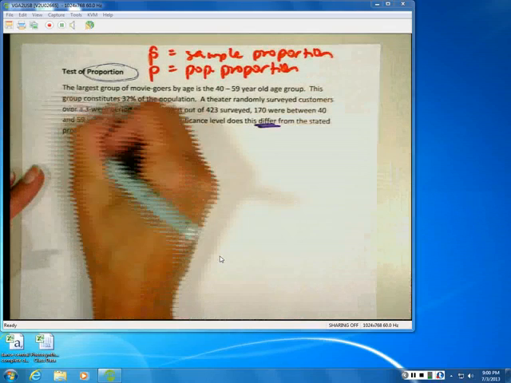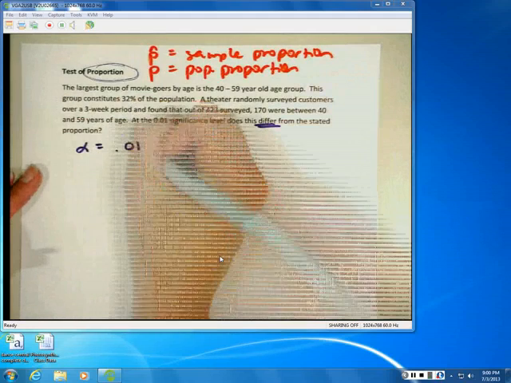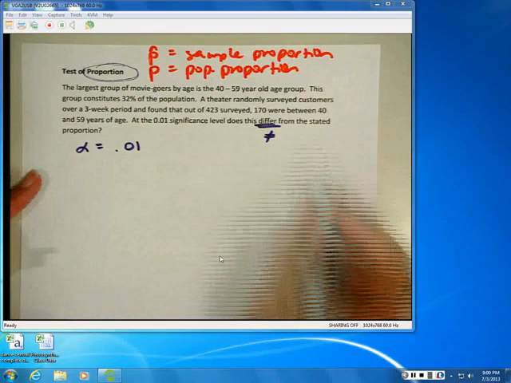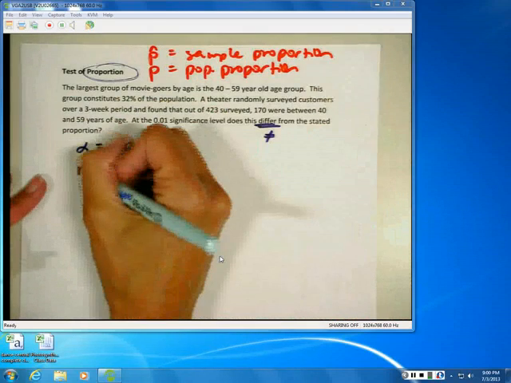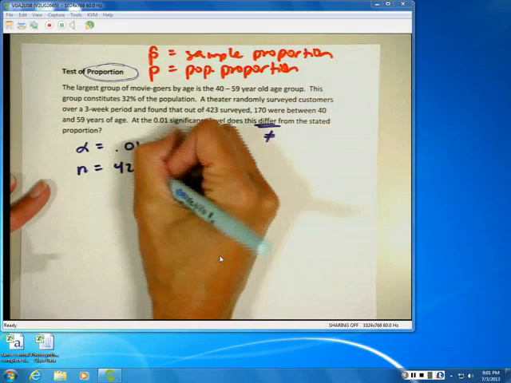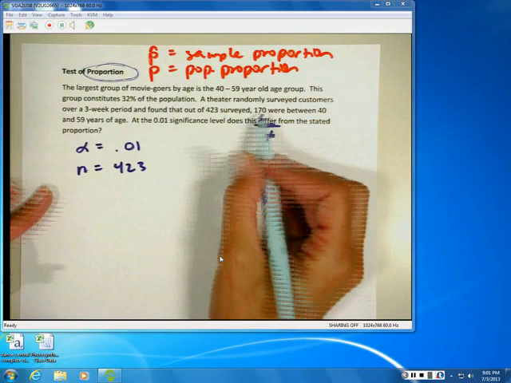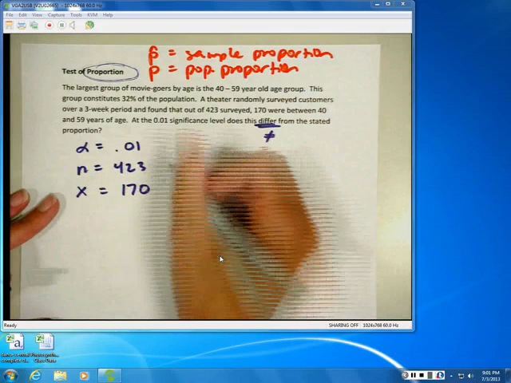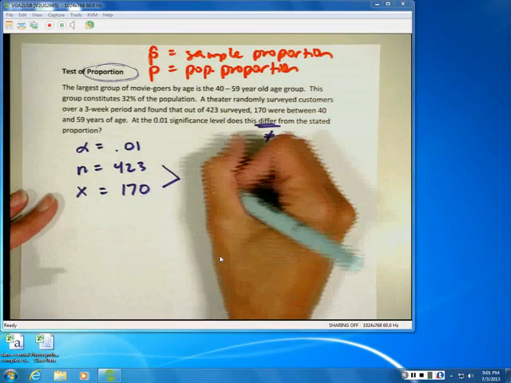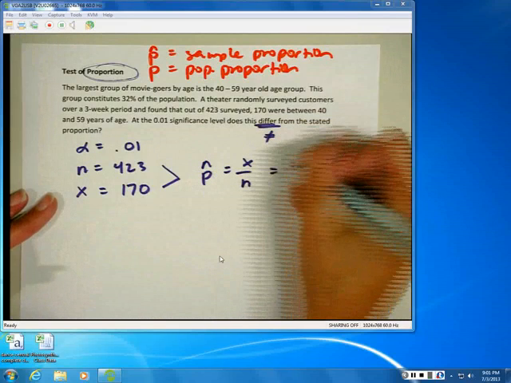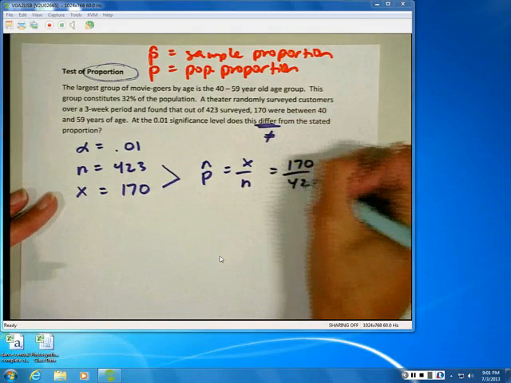Okay, let's jot some things down. Alpha is 0.01. I said two-tailed test, so I'm just going to mark that down while I'm thinking about it. 423 were surveyed, so n is equal to 423. This 170 were in the age group. We call that x. So x is 170. When we put these two things together, p hat is x divided by n, 170 divided by 423.